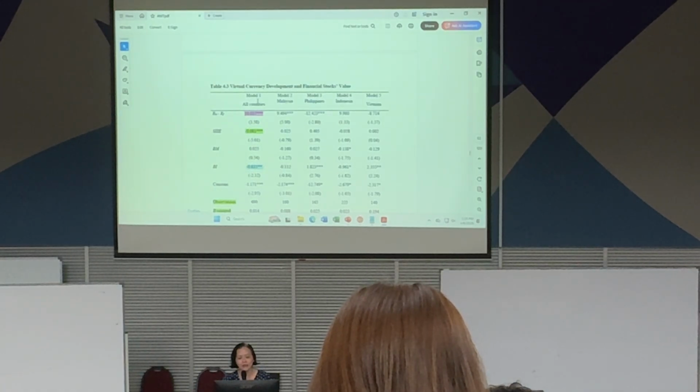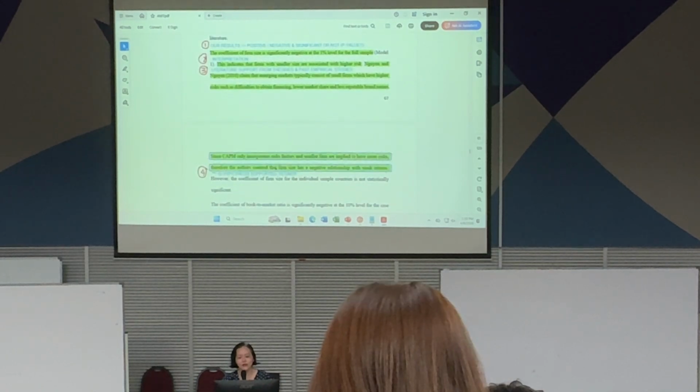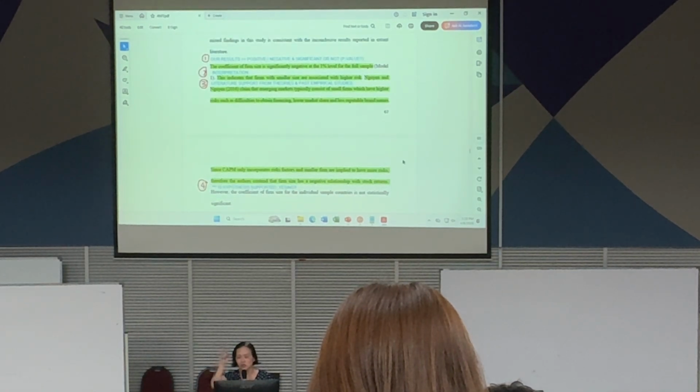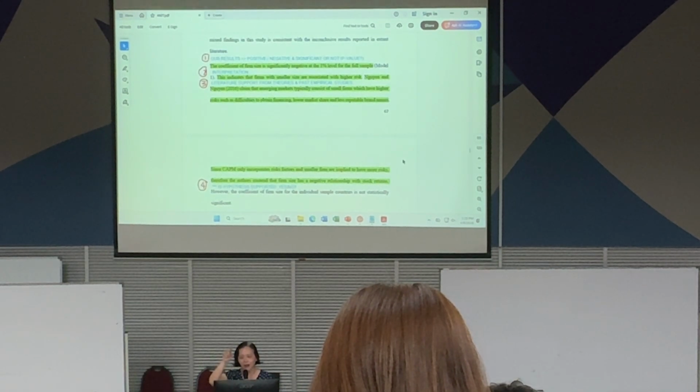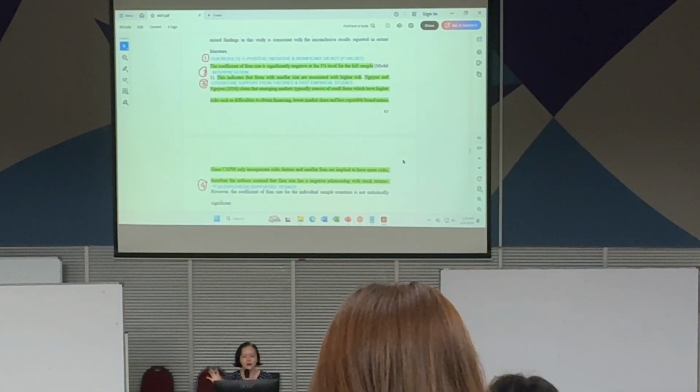The relationship between my DV and size is negative, significant again at 1%. So we follow this format. Rightfully, you do this for the relationship between the DV and each of the IVs, okay? You see, there are 4 things you have to write, but you are going to repeat it for all the variables. So this is just one sample.